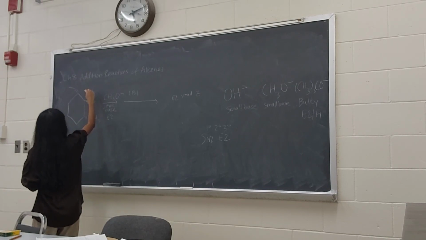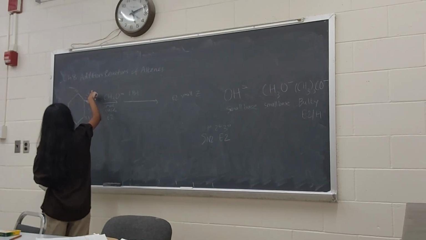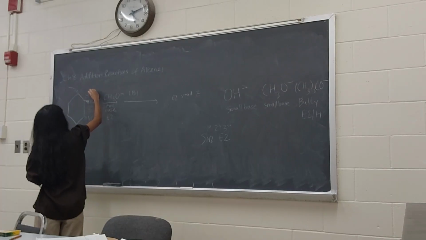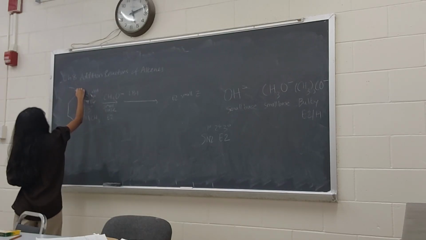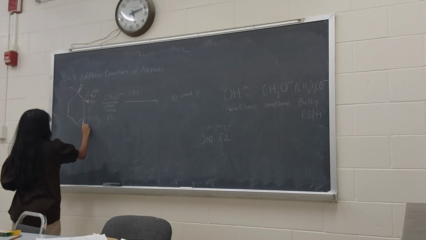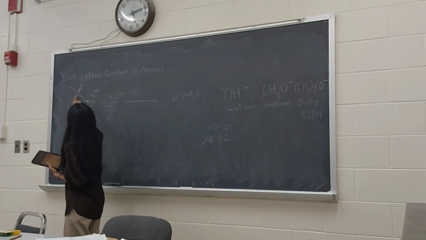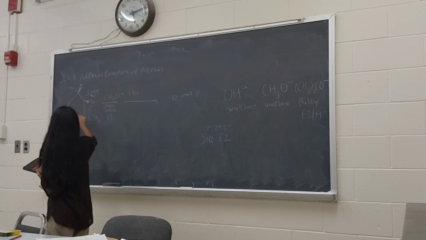So let's see. You can actually redraw this. It's just this. Right, so it can't add here because it's wedged, and they're both wedged, right? And it also can't add here.